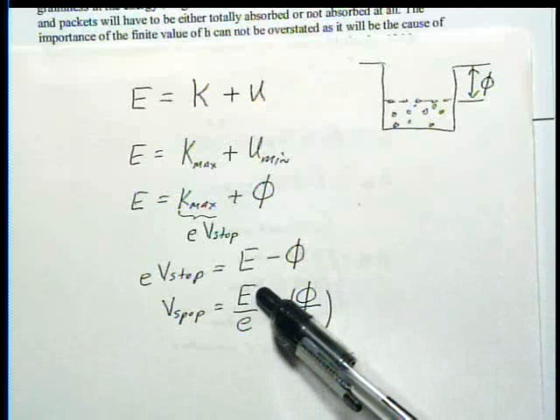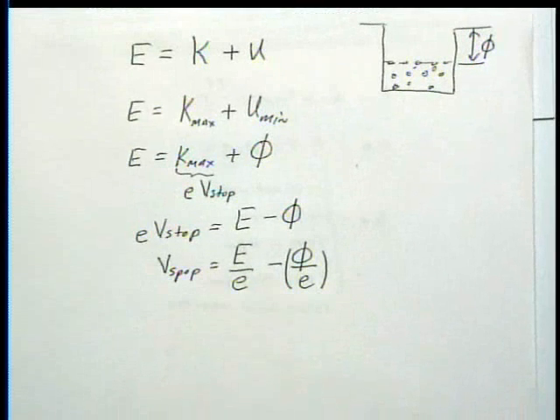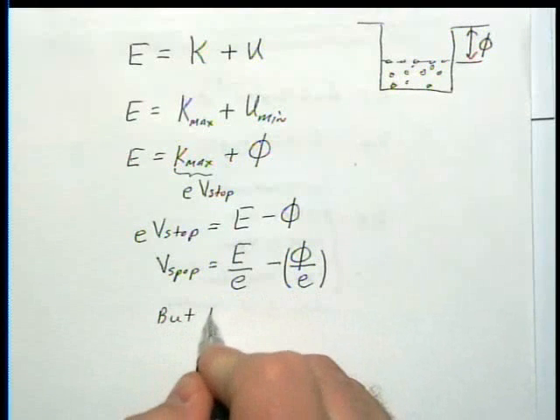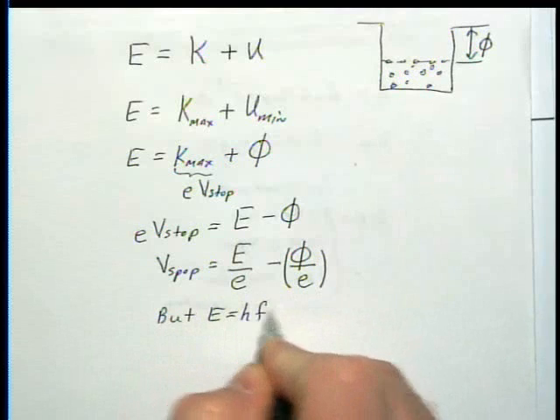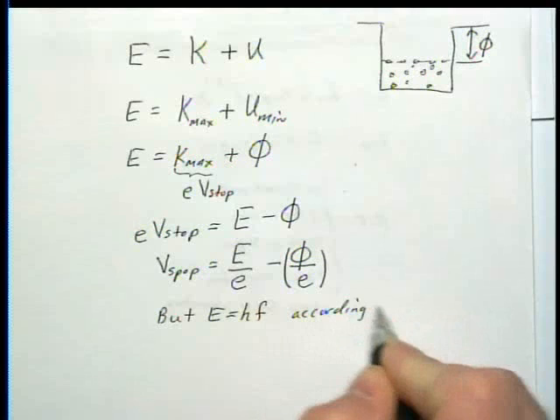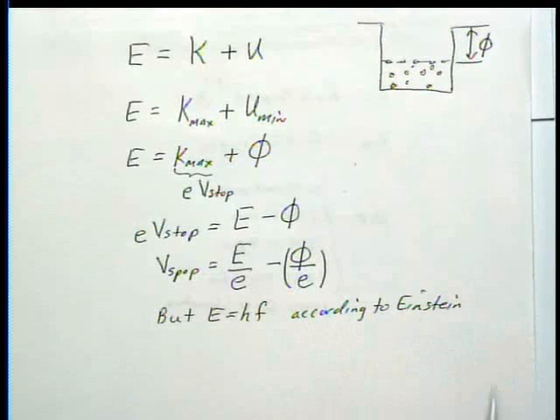For this, Einstein says that I'm supposed to put in hf. Now, everything I've done before had nothing to do with Einstein. Right? So here's where Einstein gets in the game. Everything else was conservation of energy. Einstein says, but E is hf.